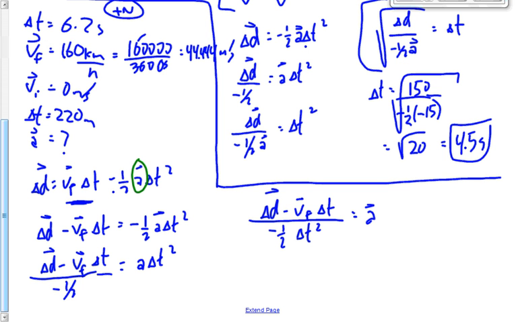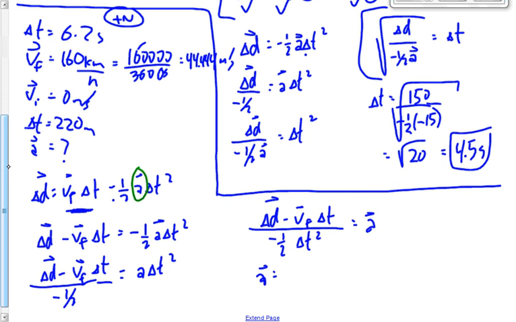Let's plug our numbers in now. D, the displacement was, oh, wait a second. After all of that rearranging, I don't know what the displacement is. So what do I do? Oh, did they give me the displacement? Sorry, we do have the displacement.